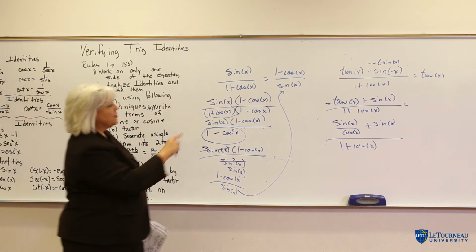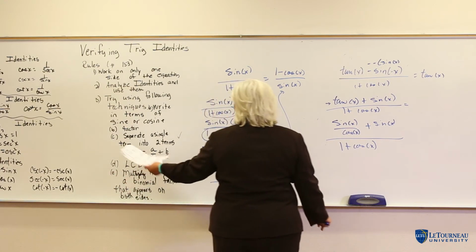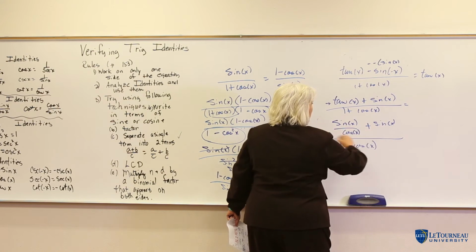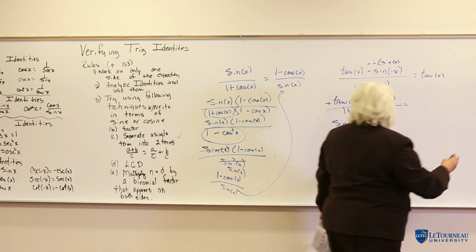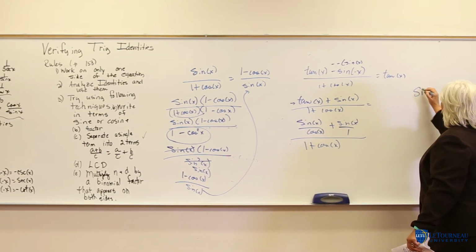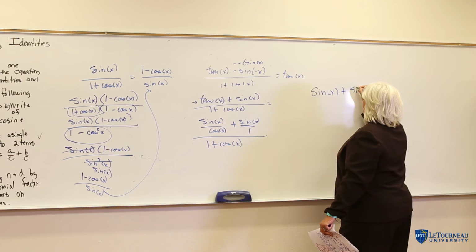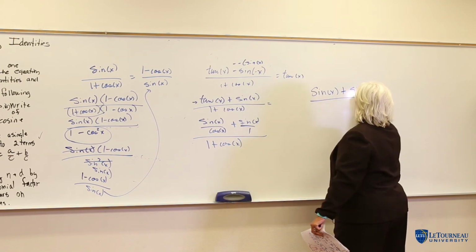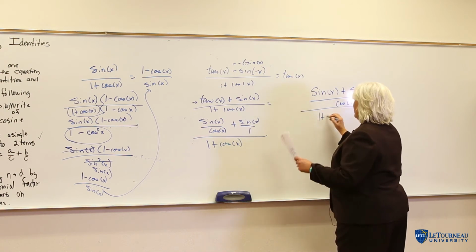That's what we did. We changed tan to sine and cosine. The next step is I need a common denominator, so my common denominator on top is going to be cosine. So this becomes sine x plus sine x times cosine x, all over cosine x. And then all of that's over 1 plus cosine x.